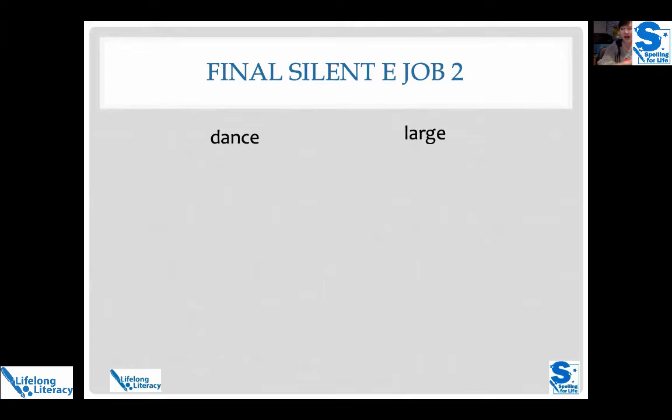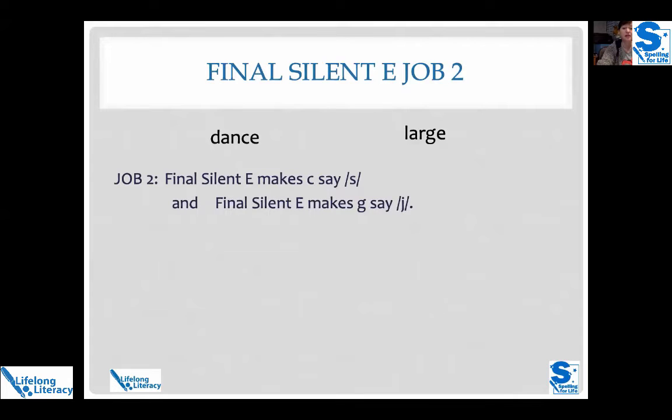So dance and large, if I took away final silent E again, that word would be larg, because final silent E is a signal for us to say J at the end of a word. So job two is final silent E makes C say S, and it makes G say J at the end.